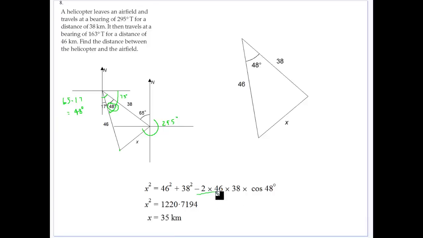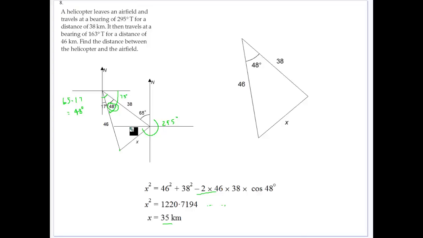Again, throw it straight in the calculator, get 1,220.7194, and it'll keep going in your calculator. Then take the square root, and to the nearest kilometre, it's going to be 35, which sounds reasonable. Well, that's 48, so the other ones are opposite some larger angles probably. So it sounds rather reasonable to get that answer.